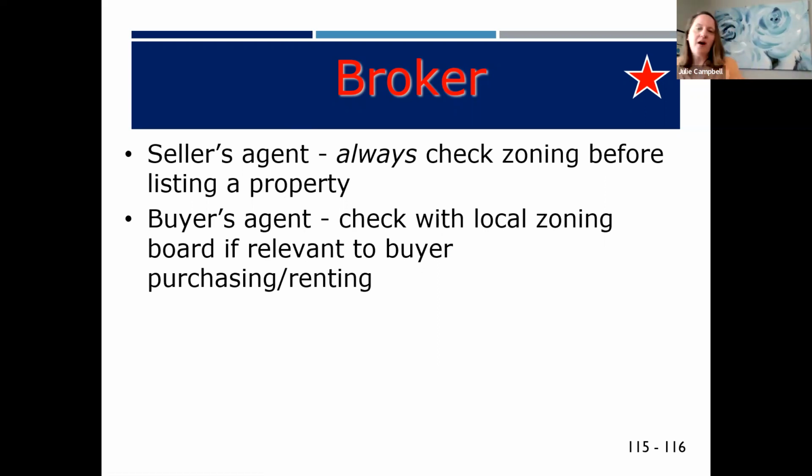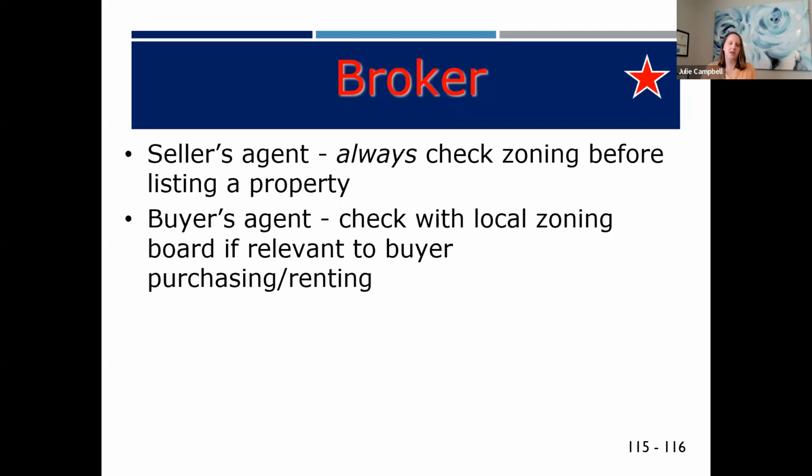Buyer's agents. For the most part, we should be able to rely on the information that's in the system. So when you're going to show your buyer 123 Main Street and you see that the zoning is residential, multifamily, for the most part, we should be able to rely on that.